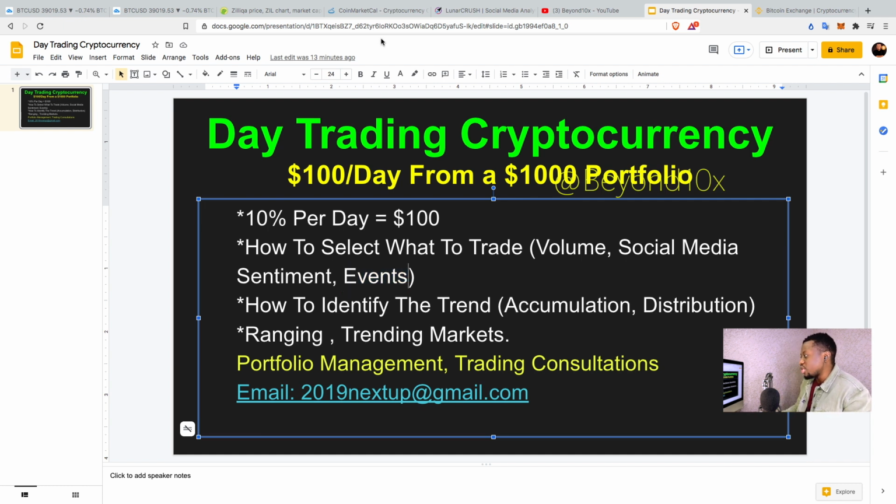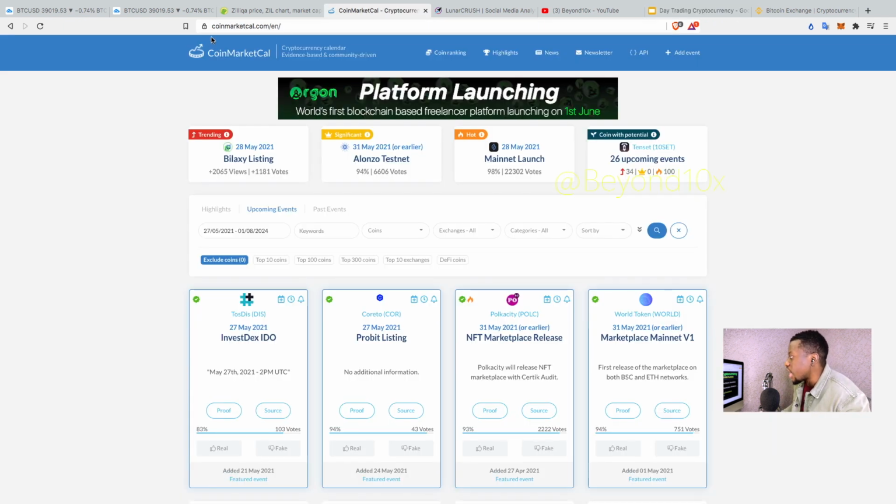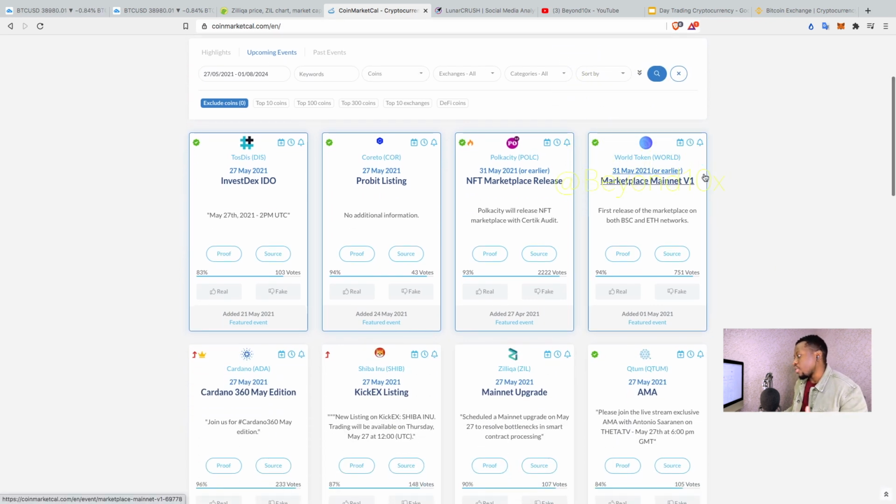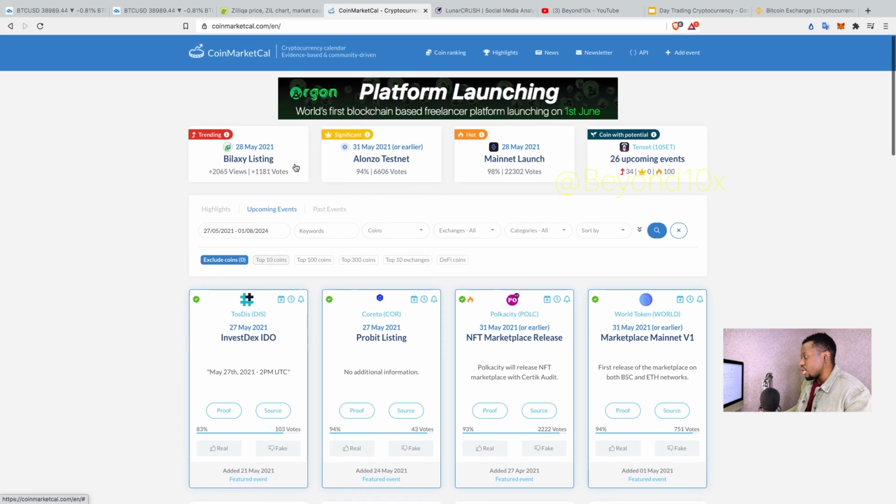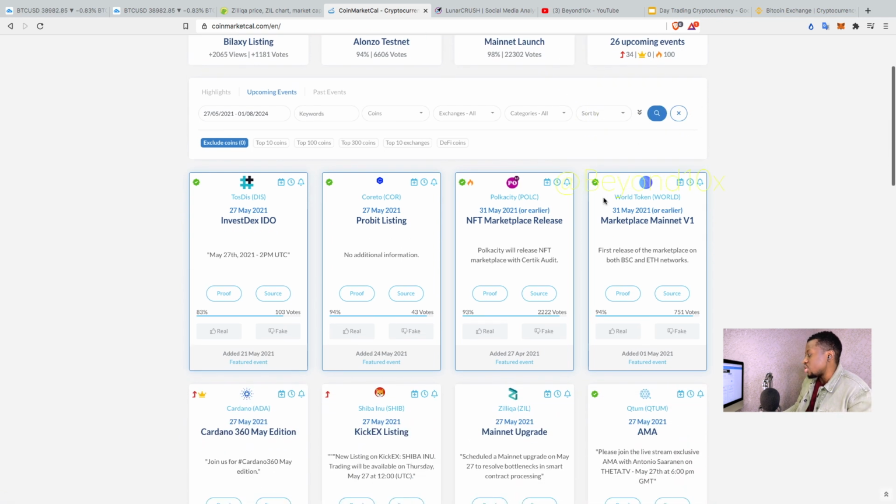So when it comes to events, there is a very important website known as coinmarketcal.com. Basically this one is a ranking type of website that really shows the authenticity in terms of votes. And here we have the most trending ones, the most significant ones, and the hottest ones as well.